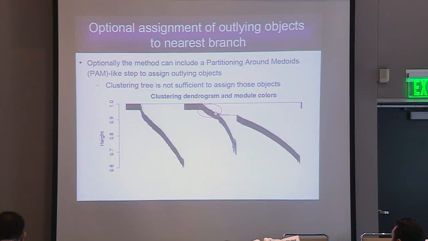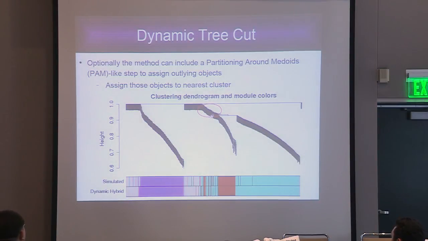The dendrogram itself does not tell you which of these two branches these objects are closer to. So you have to go back to the dissimilarity matrix and look at that. And so what we do here is, for each object, we assign it to whichever of these two branches is closer.